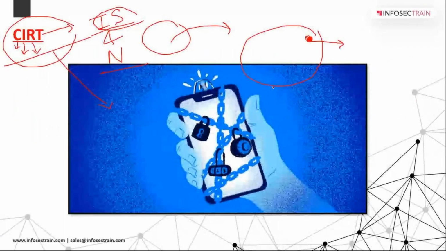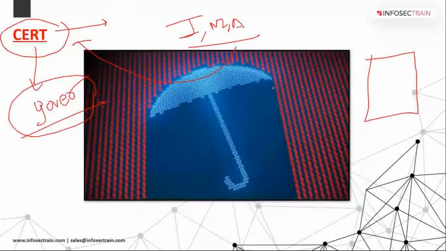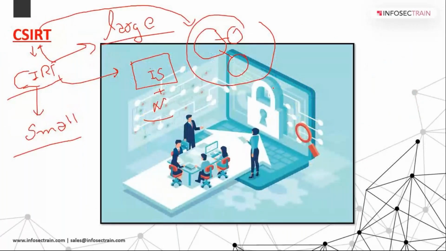The first is CIRT, then CERT used by the government, and then CSIRT. It is exactly like CIRT, but remember that it's bigger.